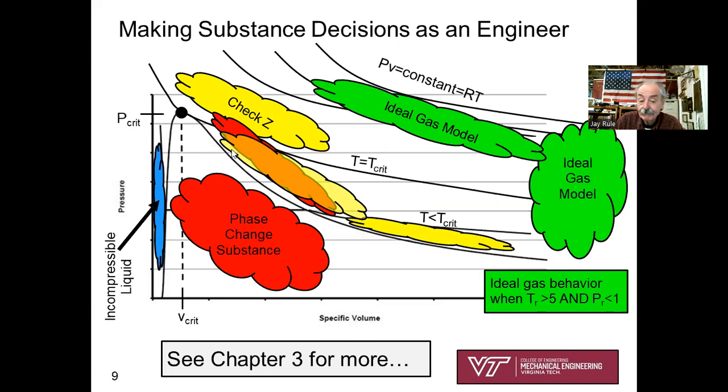You say, look, I've got a phase change substance, and that's why I've sneaked in the cloud that's red and also a cloud that's kind of orange that's in Never Never Land. So certainly there are times where, as an engineer, you do not need to check Z. Okay, so green, ideal gas model, red, phase change model.